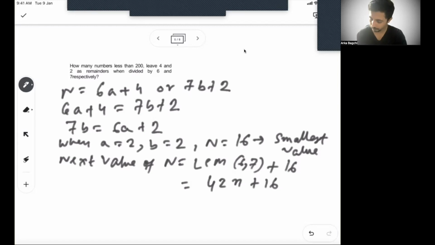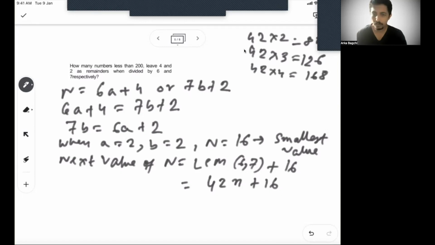So we know 16. So 42 twos are 84. Then 42 into 3 is 126. 42 into 4 is 168. 42 into 5 is 210, which is more than 200.